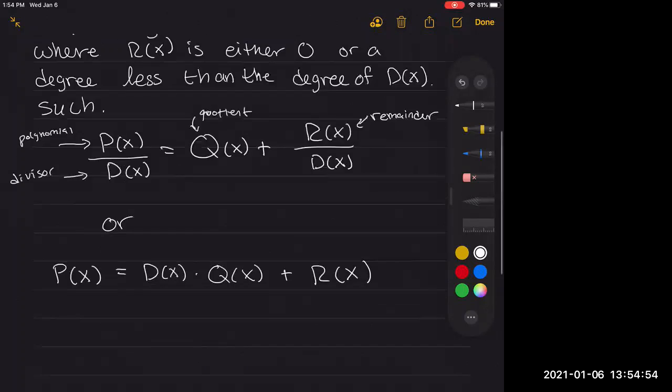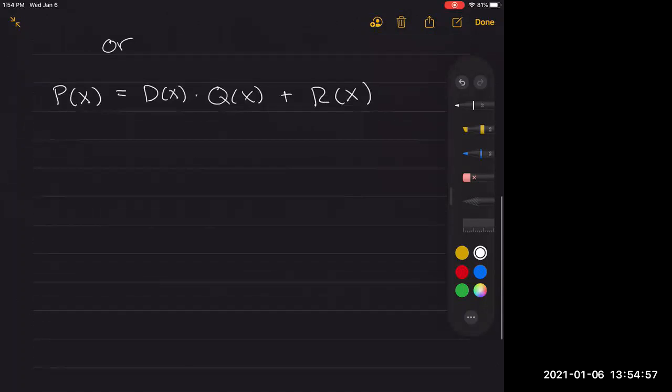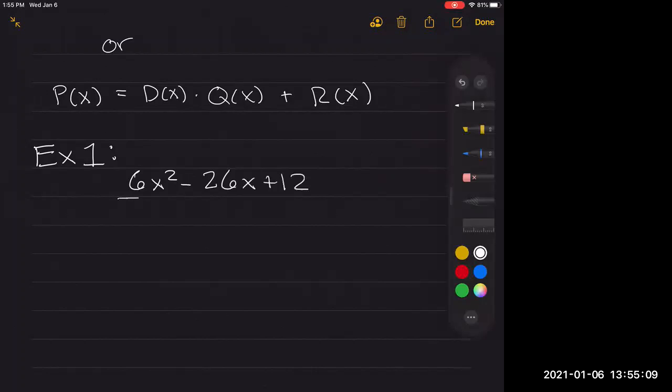So then we can do an example on how to do long division. We'll start with our first example. So we're going to have 6x squared minus 26x plus 12 all over x minus 4. All right, we're going to set this up like when you originally learned how to do long division.